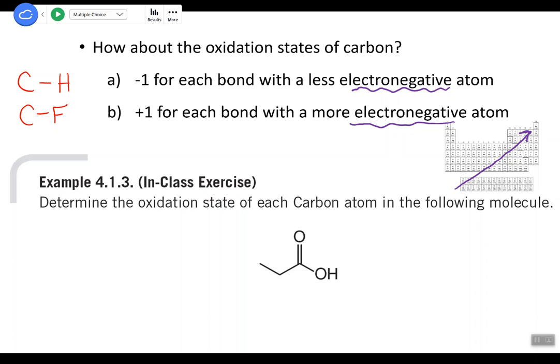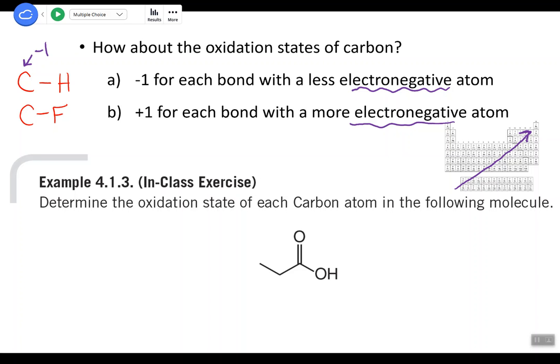In part A, carbon has a single bond to hydrogen. Carbon is more electronegative than hydrogen. Hydrogen is less electronegative. Therefore, carbon would be assigned a -1 oxidation number. Now, this does not mean that carbon has a full negative charge. We know that this is actually neutral.